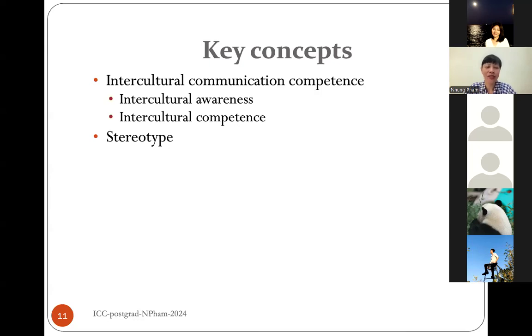This is called intercultural competence. So intercultural competence goes beyond awareness, sympathy, and understanding that cultures are different. It refers to the successful adaptation and integration of that understanding or awareness into actual communication.